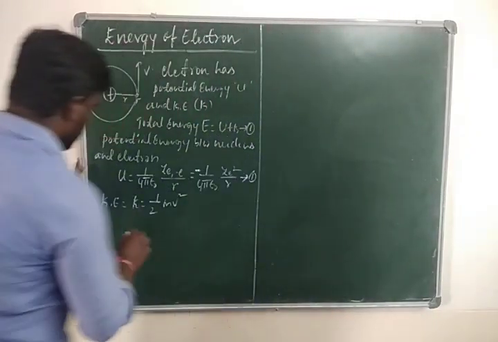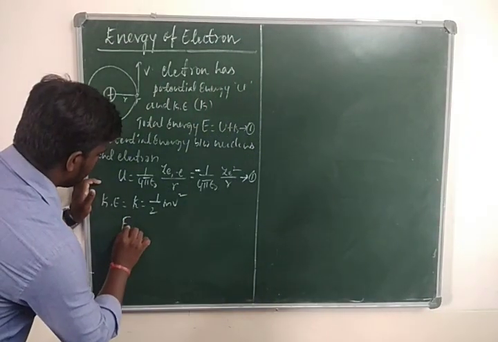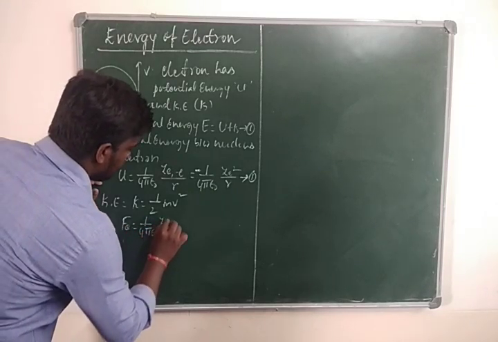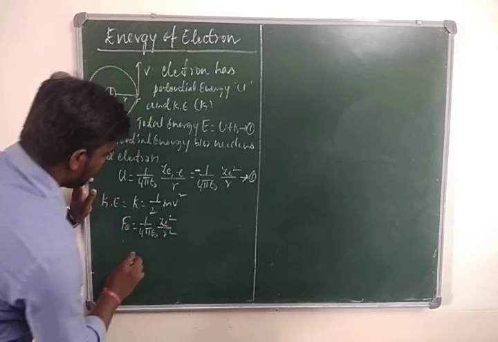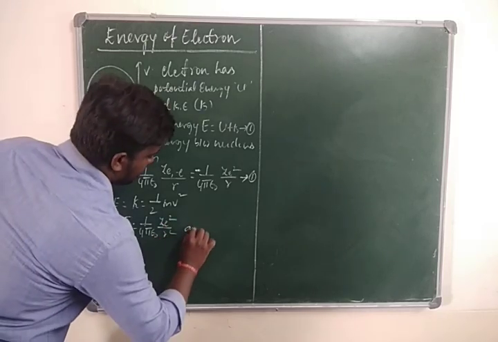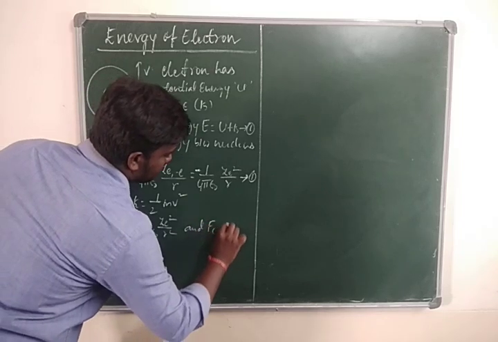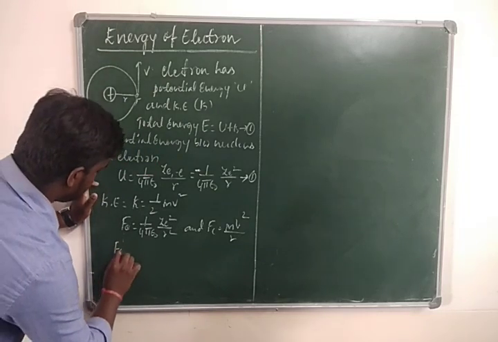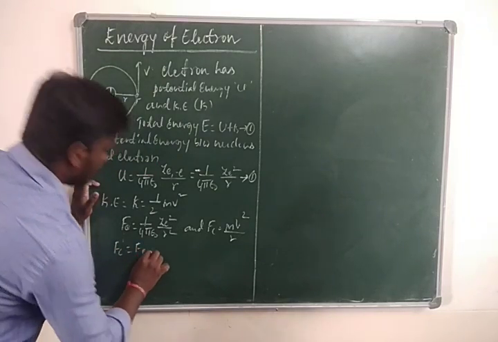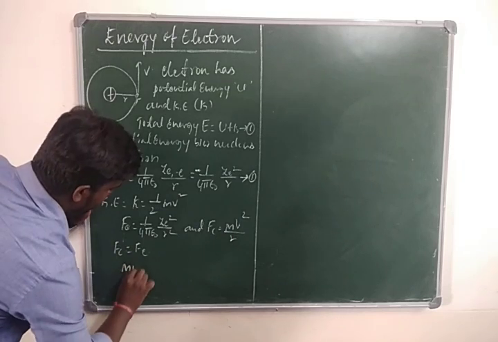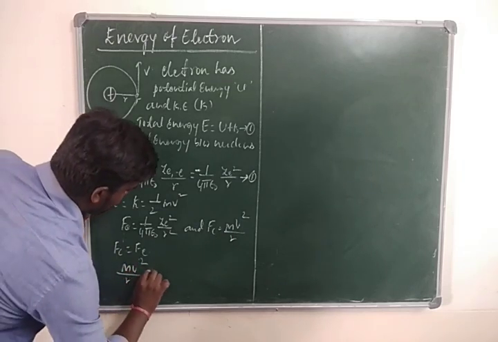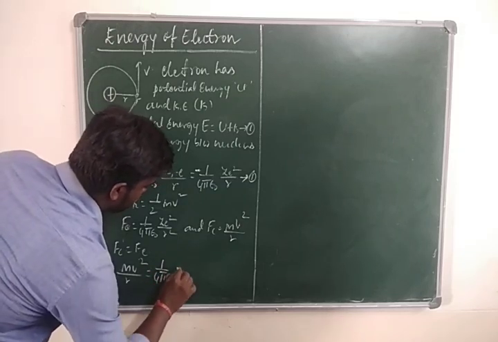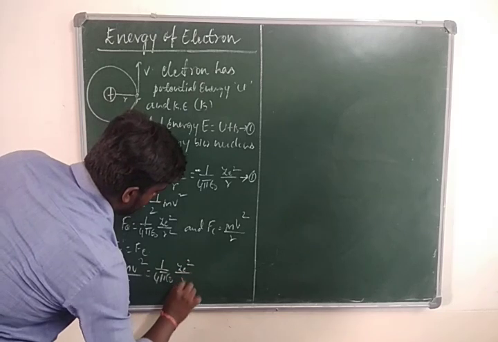The Coulomb force is 1 by 4 pi epsilon naught Ze square by r square, and the centripetal force Fc is equal to mv square by r. Therefore Fc equals Fe: mv square by r equals 1 by 4 pi epsilon naught Ze square by r square.